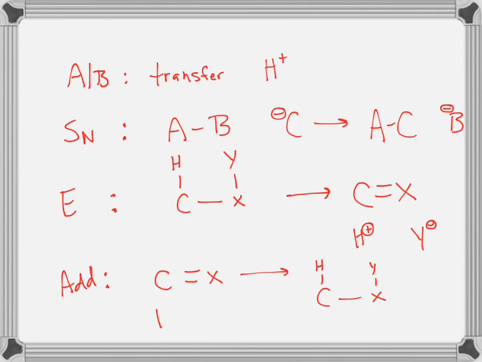So we're adding usually H plus, that's an H, and some nucleophile. So for elimination, you're looking for a pi bond forming; that's your product. For addition, you start with a pi bond and you lose the pi bond. So you're adding the H and the Y across the pi bond.